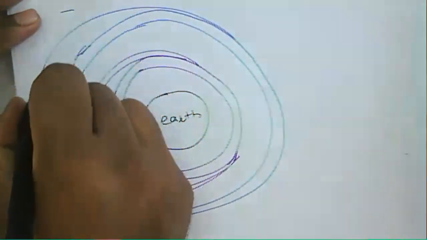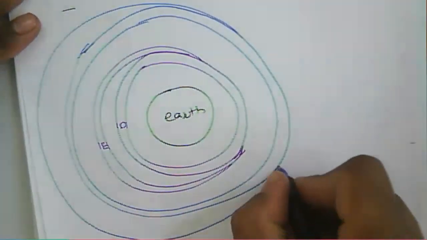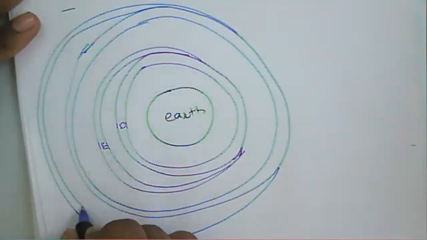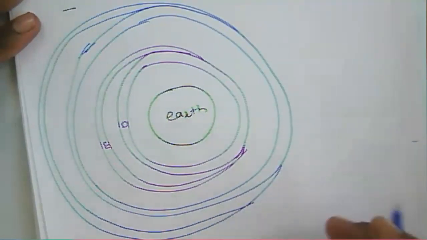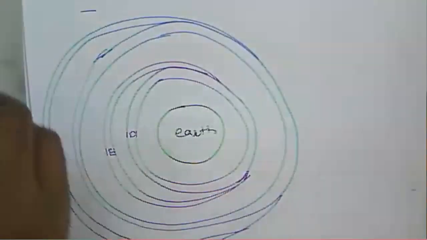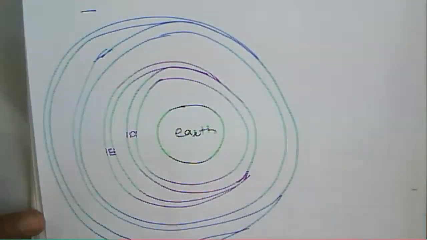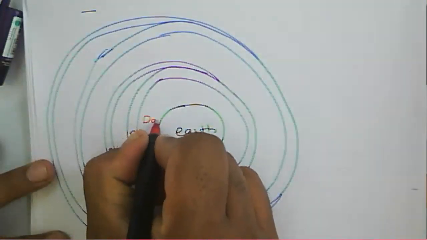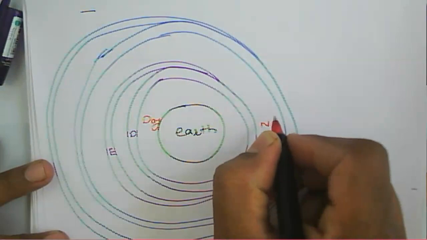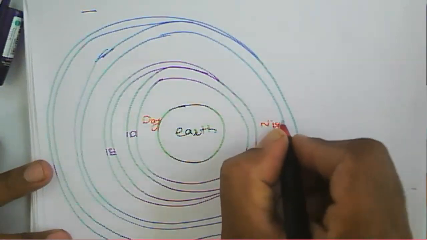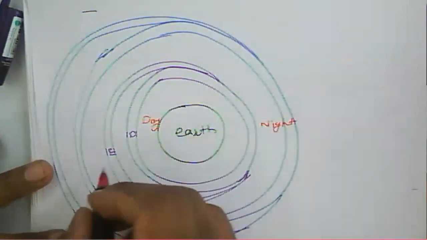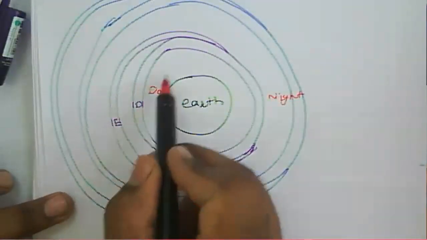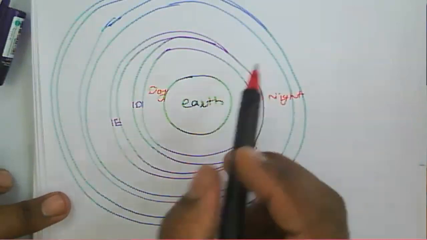Okay, this one is the Earth, and this particular region is the day region, and we have the night here. If you see this D layer and E layer, they will be merged at night.